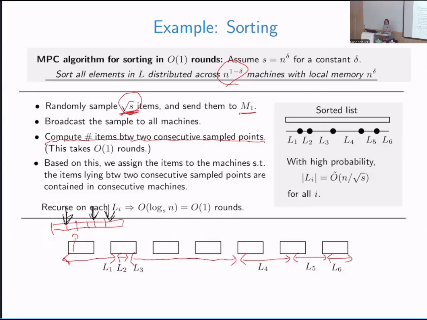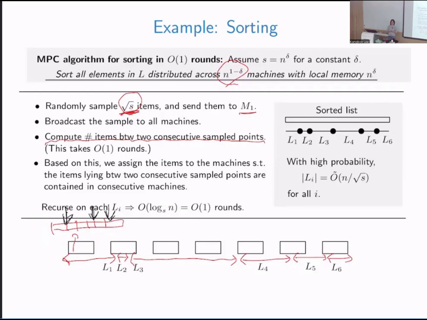When pivots are determined, should we sort those numbers first? Yes, during each round, we can do local computation. So when a machine receives the root S items, it should sort them, then send the information.